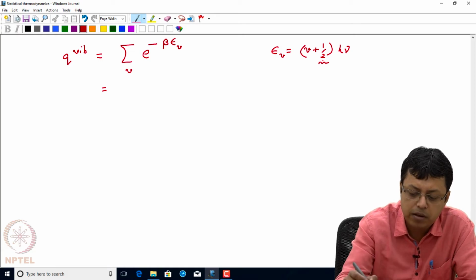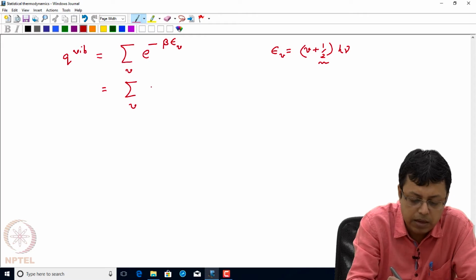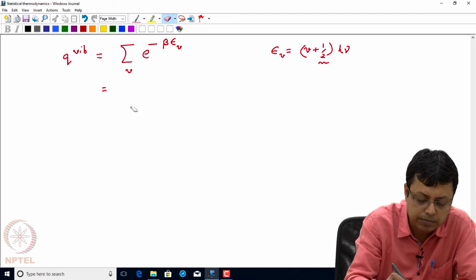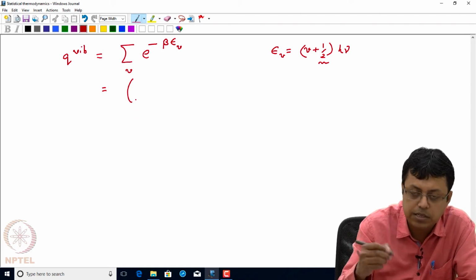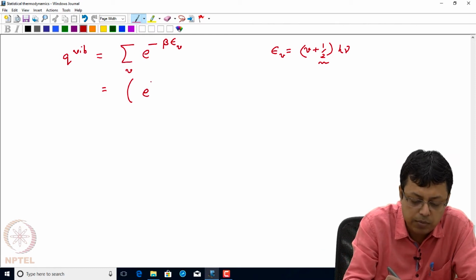Now what will be the partition function? Let us just calculate the sum. I'm taking the sum over V, with V going from 0, 1, and so on. So the first term will be e to the power minus beta half h nu.